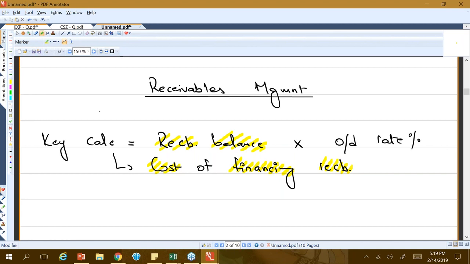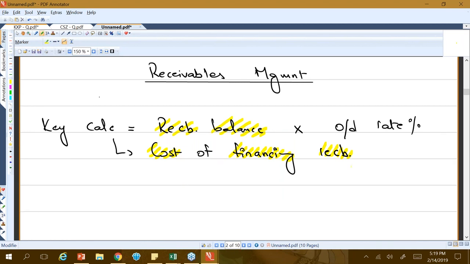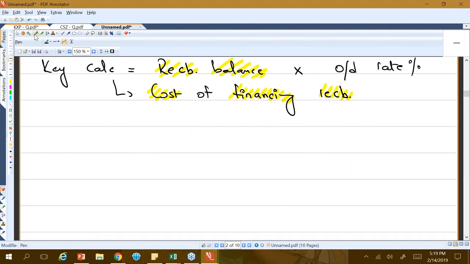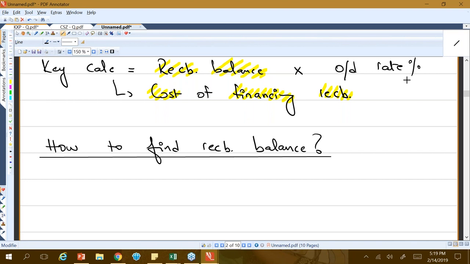Now, what is the trick that can be played here in the exam? The trick is that we won't have the receivables balance, and the question is then how to find it. The overdraft rate will be given nice and clear, so there is no problem with that.